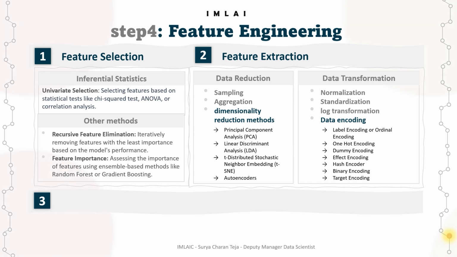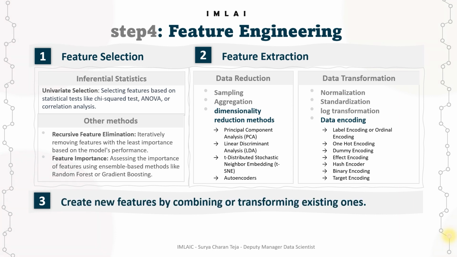And the last section is creating new features by combining or transforming existing ones. That's the third section that we have here. Creating new features by combining or transforming existing ones is a crucial step in feature engineering, which can enhance the predictive power of a supervised learning model.